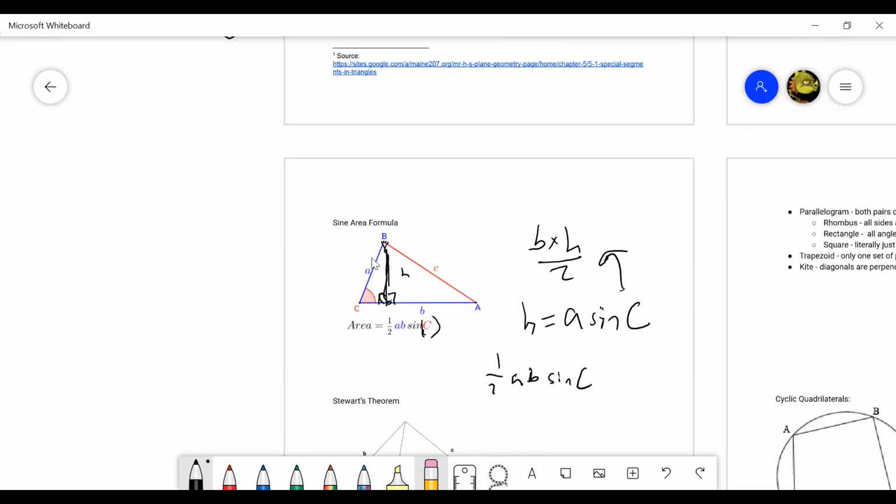Is that cool? And this works. I'm going to show this for obtuse triangles too, since the height is not inside the triangle, it's outside.